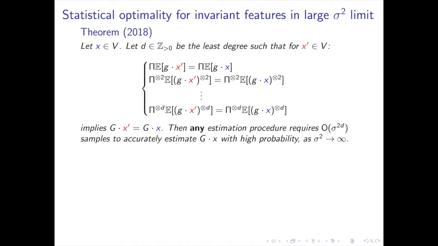Does the theorem actually provide not just big O growth, but an actual number? We have some weak estimates on it. There's signal dependence in the big O, but it's not completely understood right now.